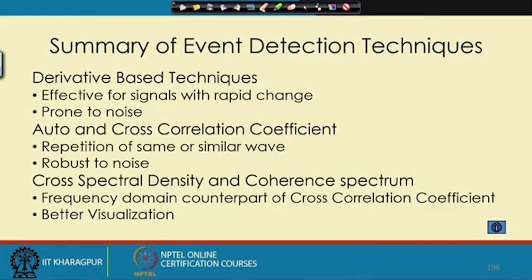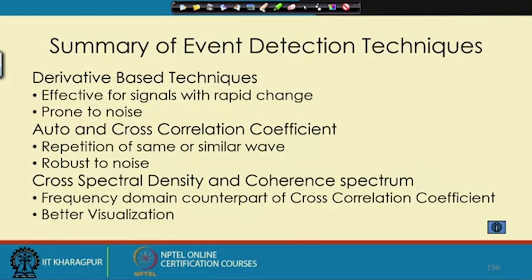If we take the cross correlation function or autocorrelation function in the frequency domain, we get the cross spectral density or power spectrum. So, this is one way of looking into the same thing that is present in the signal, and when we look at the examples, we find that when we are looking into cross spectral density or PSD, it is better for visualization.